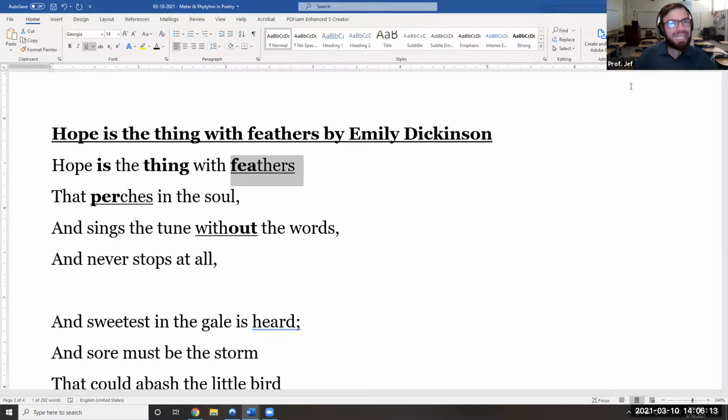So very likely the word right before fe is unstressed, right? Because fe is gonna be stressed, the first syllable in the word feathers. So the words that the poet will put around that 2-syllable word should hopefully have something to do with the rhythm of the line, right?